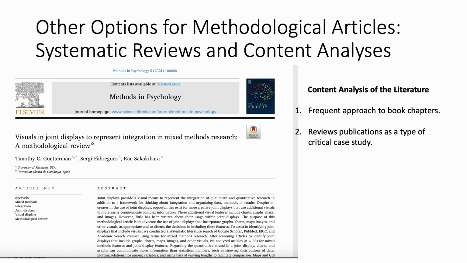I tend to lean towards something more likely to be called a content analysis. These can be qualitative in their description of mixed methods articles. There's a very frequent approach in chapters, for example, about mixed methods, to pull examples of certain strategies or approaches or procedures, and then to examine similarities and differences between ways they are used.